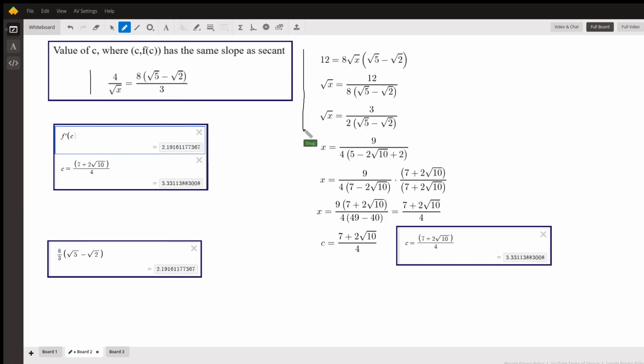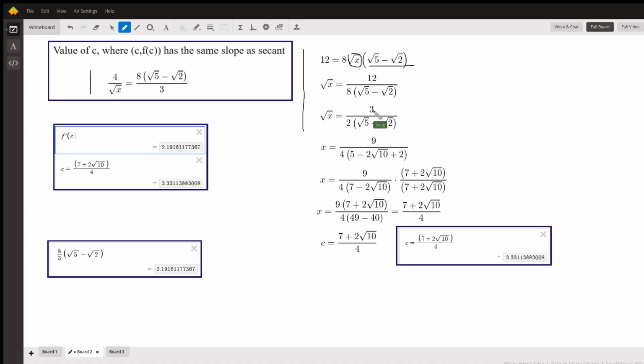If I cross multiply, I get 12 equals 8 radical x times this square root of 5 minus square root of 2. If I divide both sides by the coefficient of the square root of x, I get the square root of x equals 12 divided by 8 times that binomial.